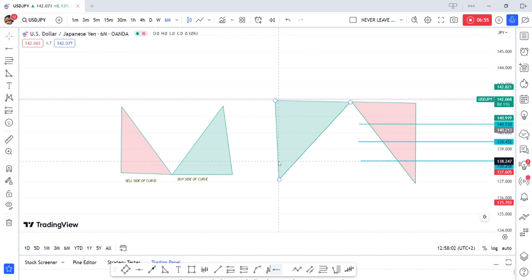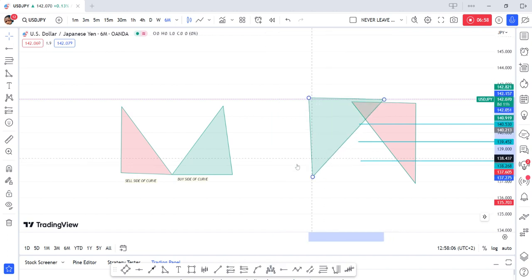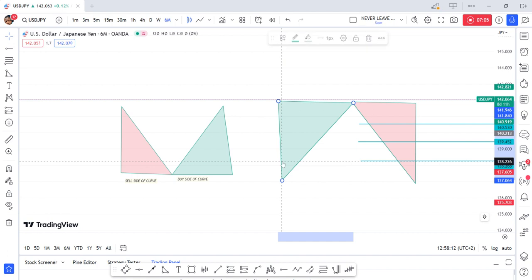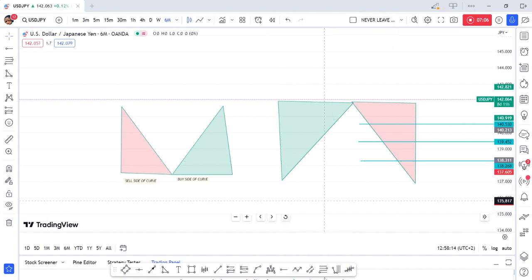What happens in the buy side always happens in the sell side. If the market buys today, it will have to sell again. The market cannot buy the whole day. If you are in profit today, tomorrow you are not going to be in profit.